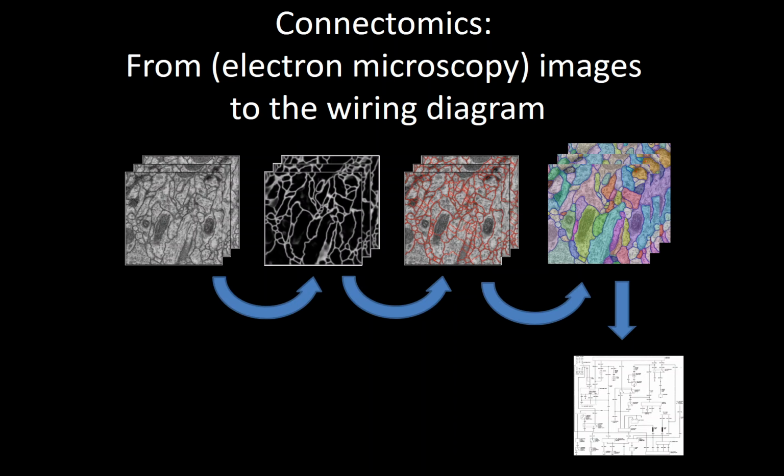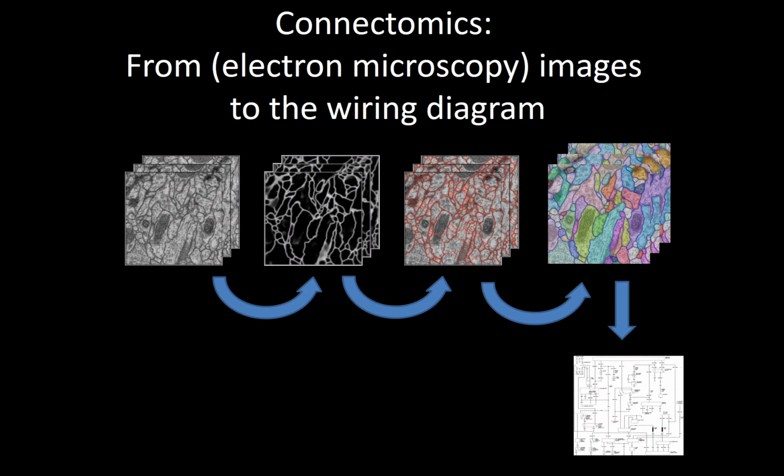These are groups of pixels which are clustered together, where we very strongly believe that these are a true oversegmentation. So the idea of a superpixel is to reduce the number of objects that we're dealing with from billions and billions to just millions and millions, to make it more tractable.